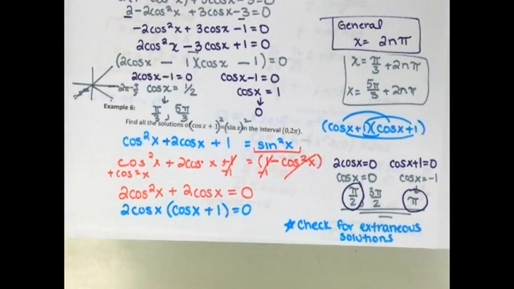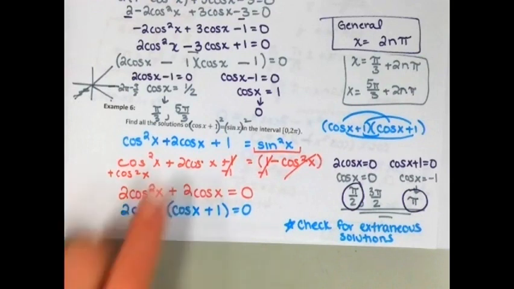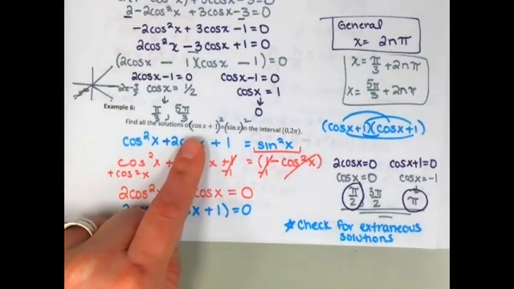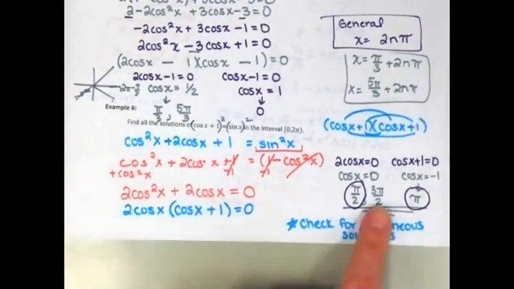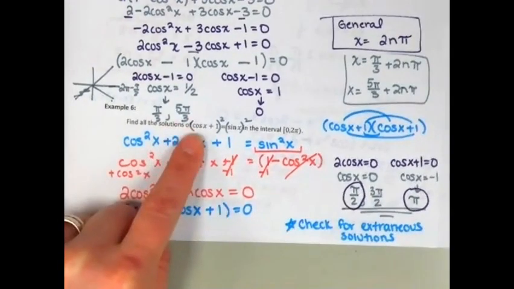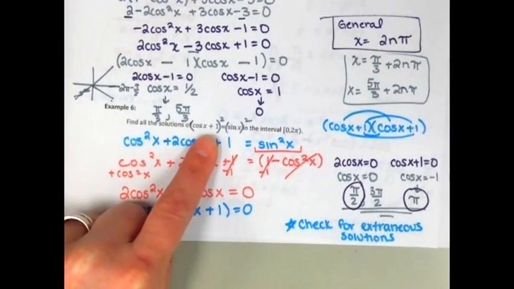So as you plug in, you guys will find out that pi over 2 works, pi works, but 3 pi over 2 does not work. Think about this. The cosine of 3 pi over 2 is 0. 0 plus 1 is 1.